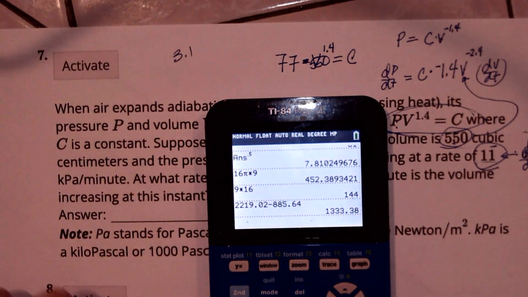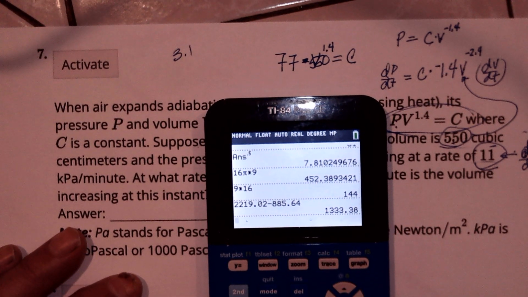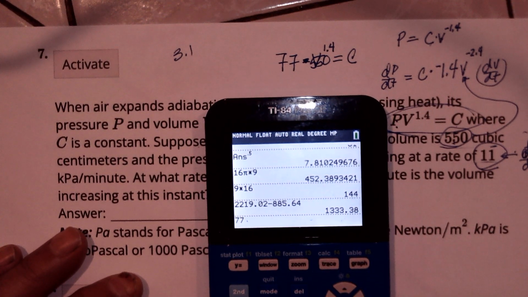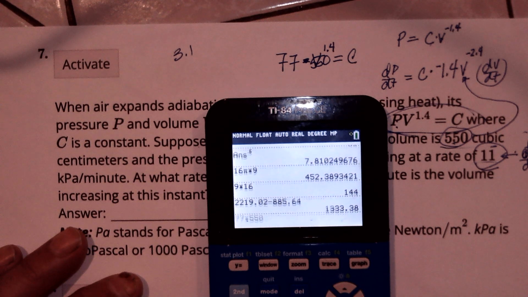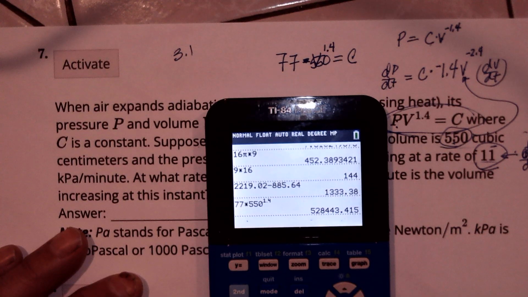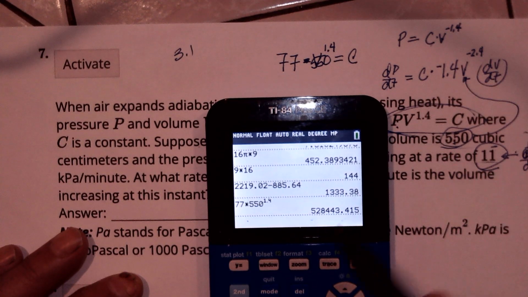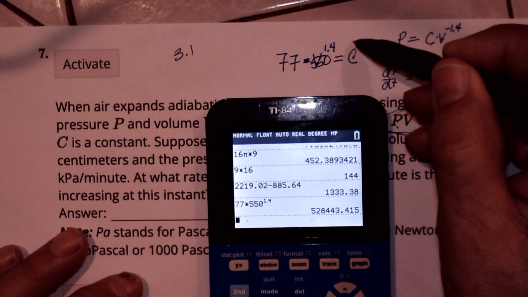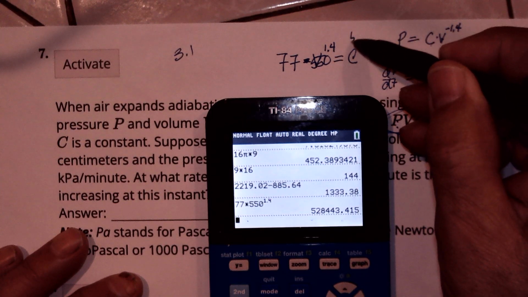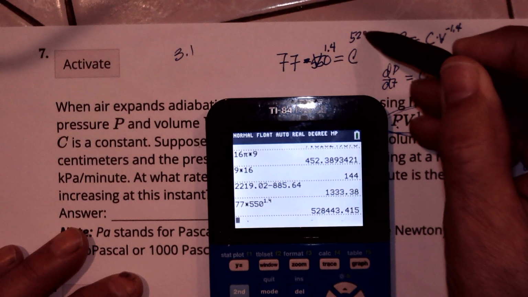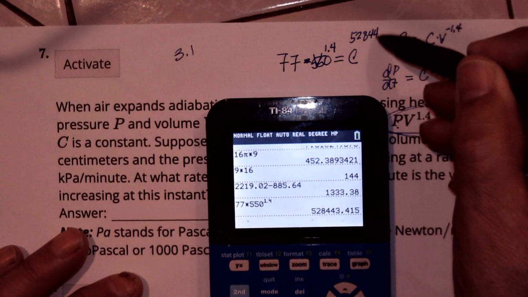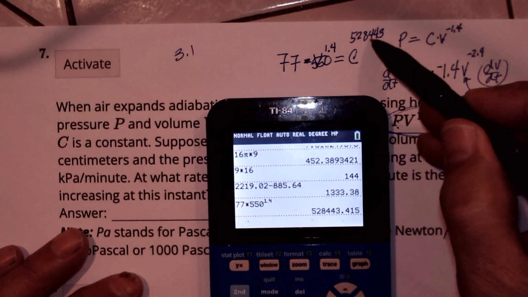And the calculator says 77 times 550 to the 1.4 gives me a C, a really big number for C. C is equal to 528,443.